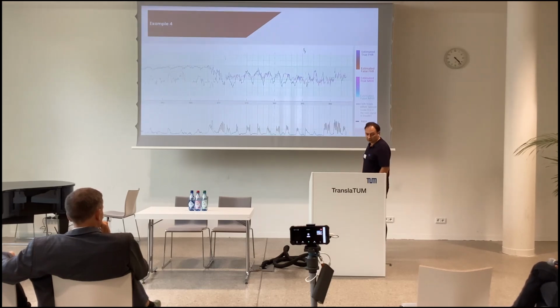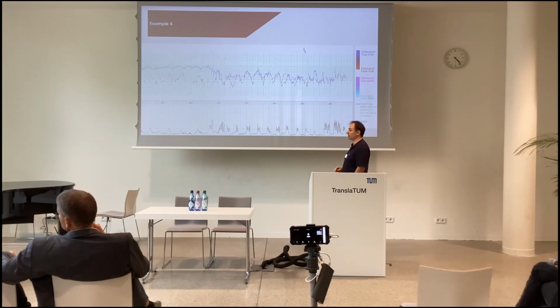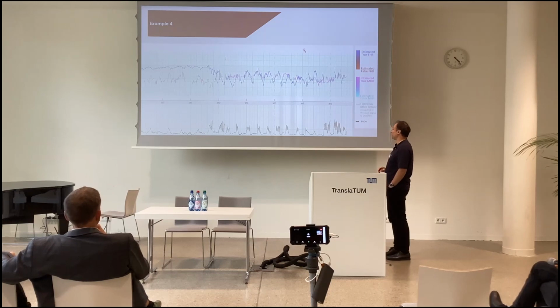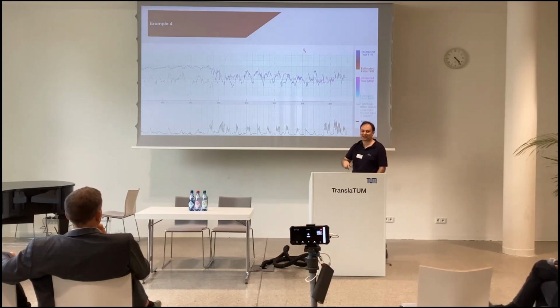At last, we see this was also a complicated one because the maternal heart rate is very close to the fetal one. Yes, this one is real because it's almost the same pattern that we see at the beginning.